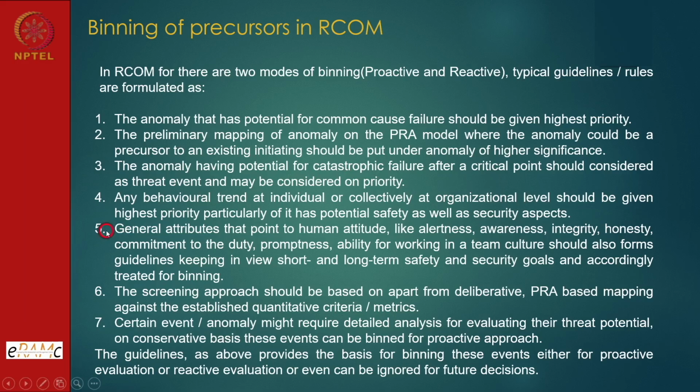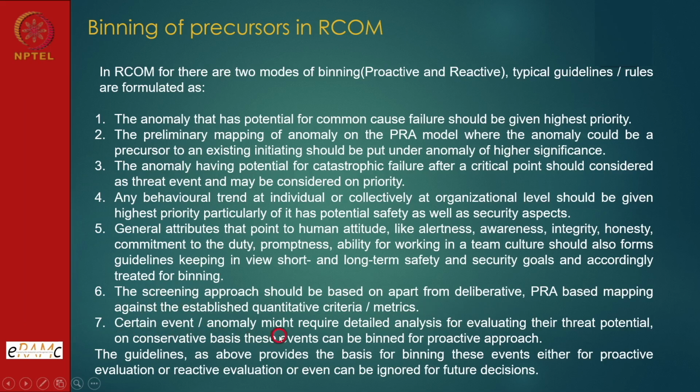Then the behavioral attitude, at the human level or organization level. Sometimes these symptoms are available in the plant, but we don't have a mechanism to address them so that they don't harm the plant. The screening approach can be based on criteria, and we have to develop the criteria. So the plant should have a framework for developing these criteria.